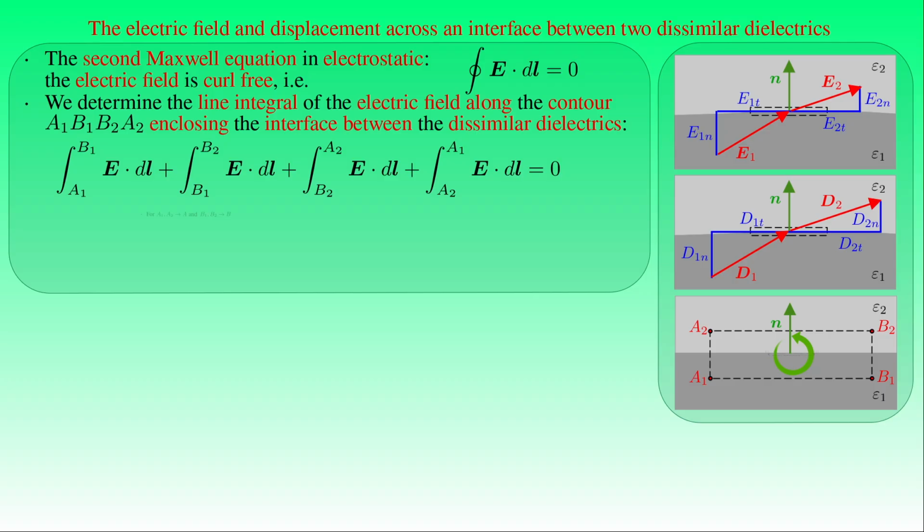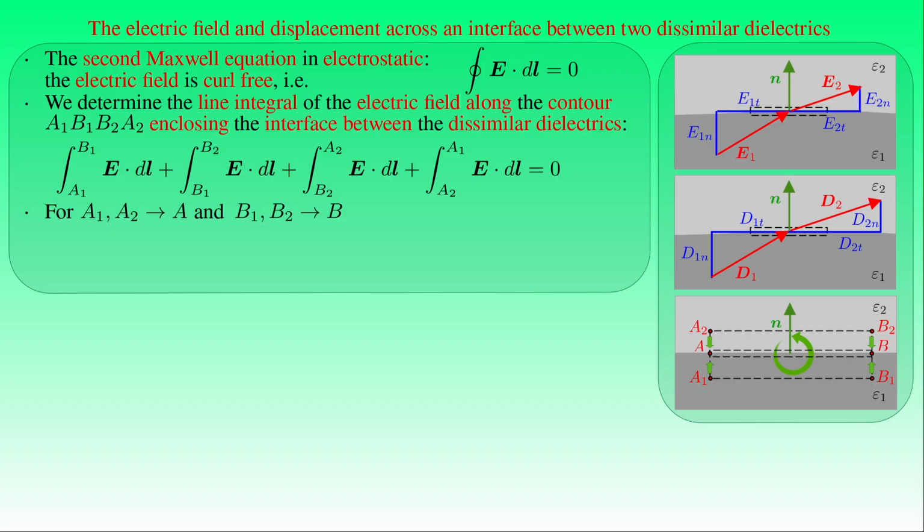That is the corner points A1 and A2 of the rectangle will approach the point A of intersection between the vertical left-hand side of the rectangle and the horizontal boundary interface, whereas the points B1 and B2 will approach the point of intersection B in the right-hand side. As a result, the length of the straight section between the points A1 and A2 along which the field strength E is integrated tends to 0.